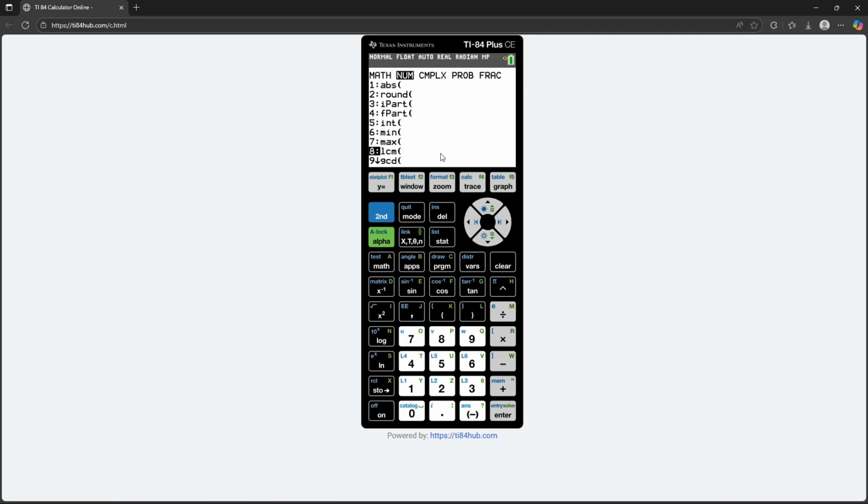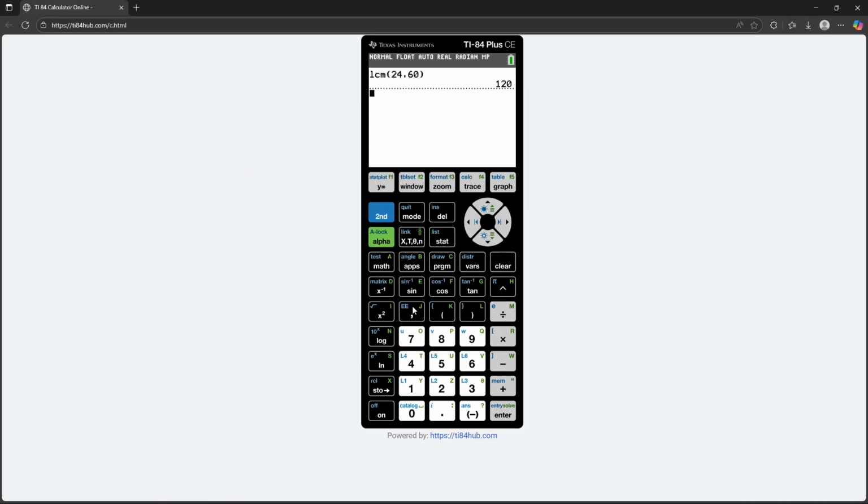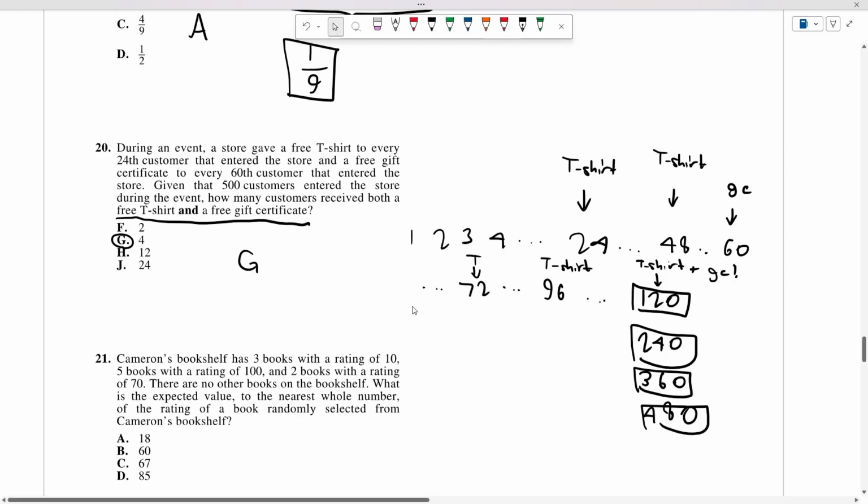You can either scroll down to number 8 or just press 8. Number 8 is the least common multiple function. Here you would put in 24, then a comma, and then 60. It tells you that the least common multiple of those two numbers is 120. That's another way to figure out how often a customer is getting both a free t-shirt and a free gift certificate. So that one is going to be G.